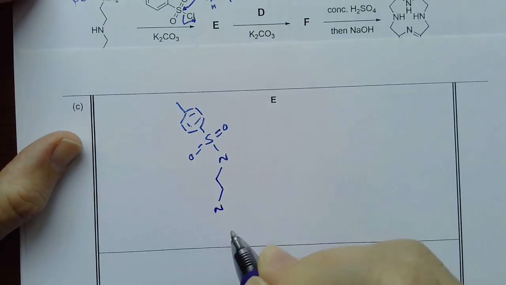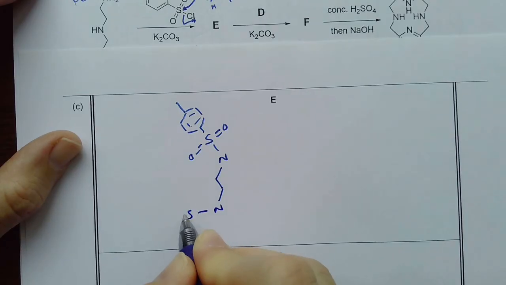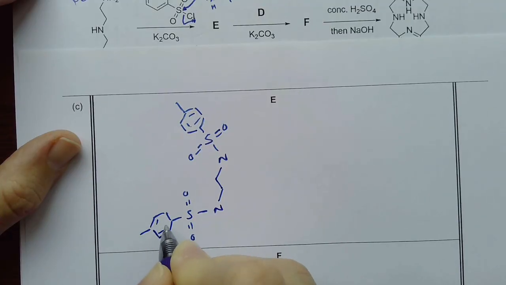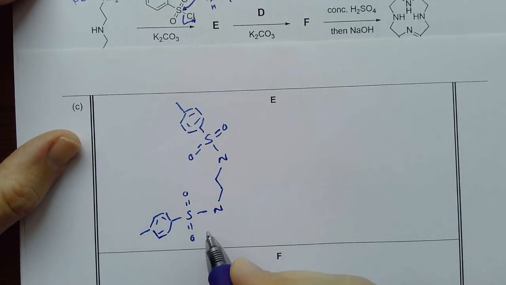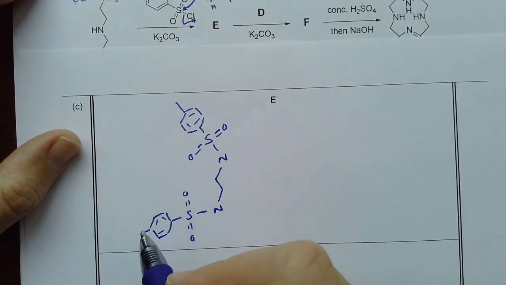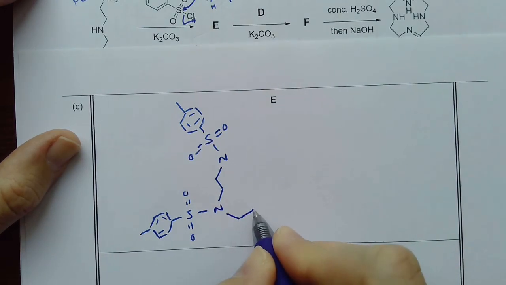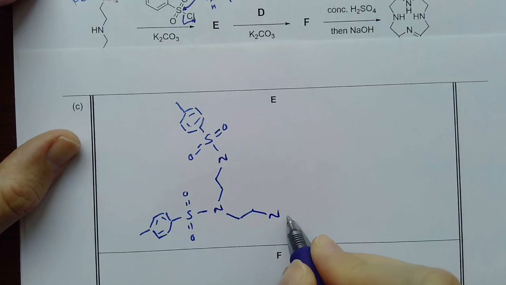All right, so I'm going to do my N there, and then I've got another one. This is going to get messy. You know, because if you make any mistake here, just because you've got the methyl group here and the methyl group here, if you miss the methyl group on the other one, it's that kind of carelessness that's going to cost you the mark.